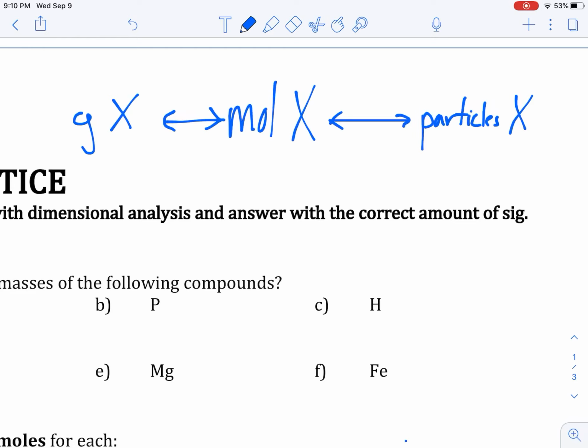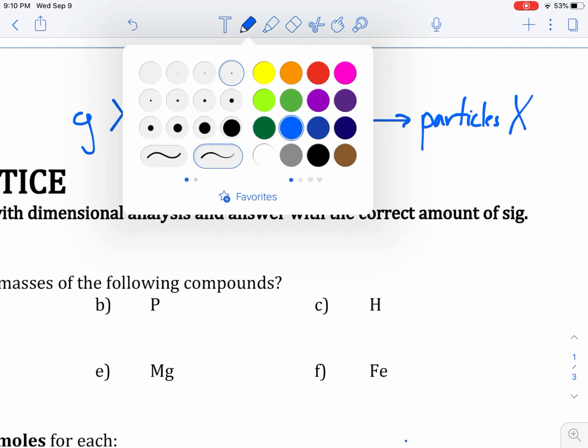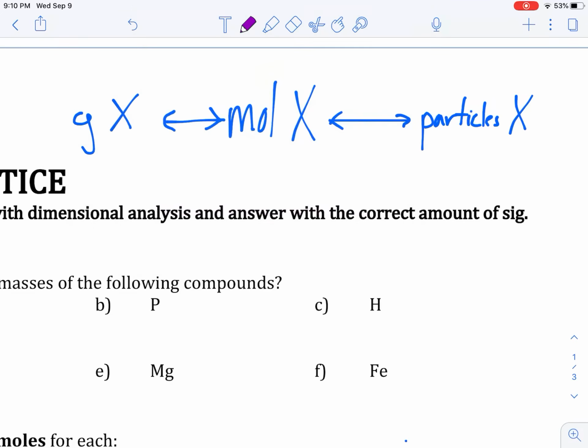Take a look at that for a second, try to make sense of that. We can convert from moles of X to particles of X. When I say particles, you should be thinking about Avogadro's number. We're talking about either atoms or molecules. The grams of X is pretty obvious, but moles, it's really just a collection of particles.